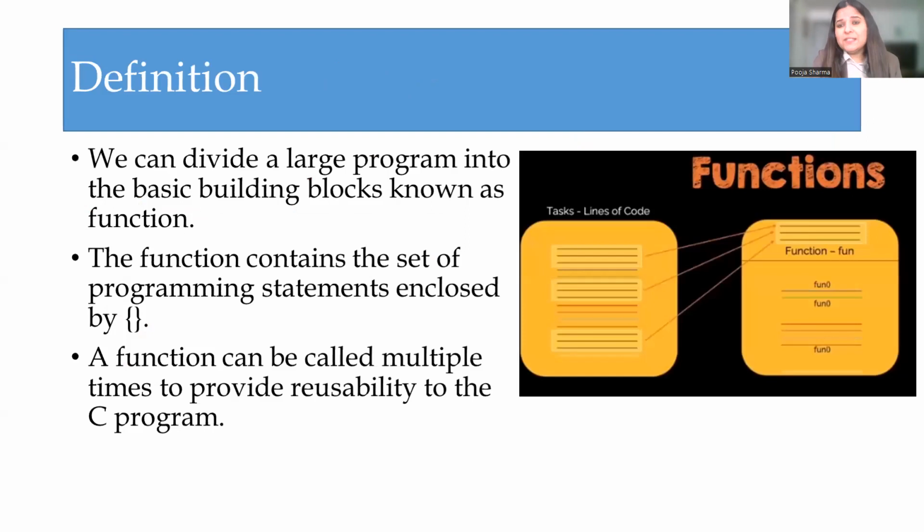If you can see, you have lines of code. This is your program. I'm talking about C, so this is your C program. It has so many lines. What we do is divide the large program into small blocks, and these blocks are known as functions.